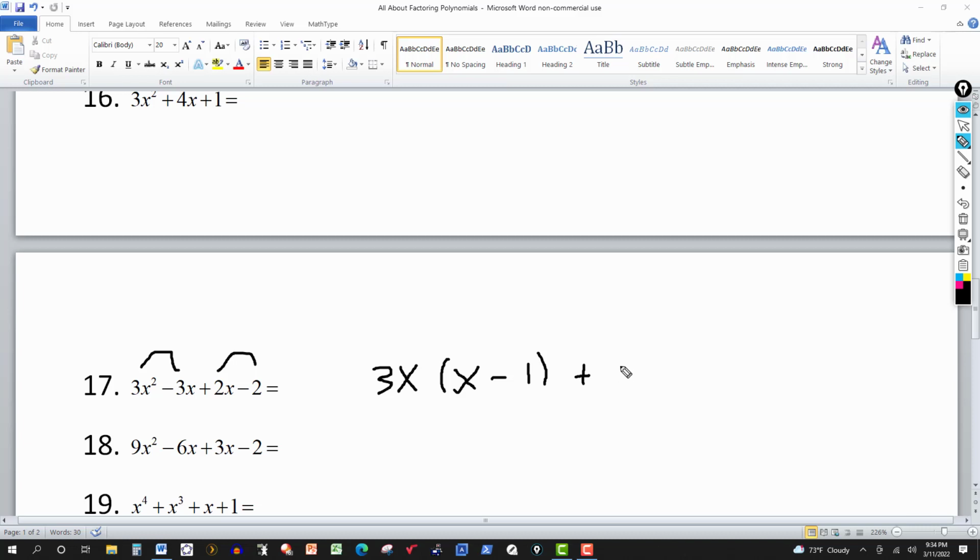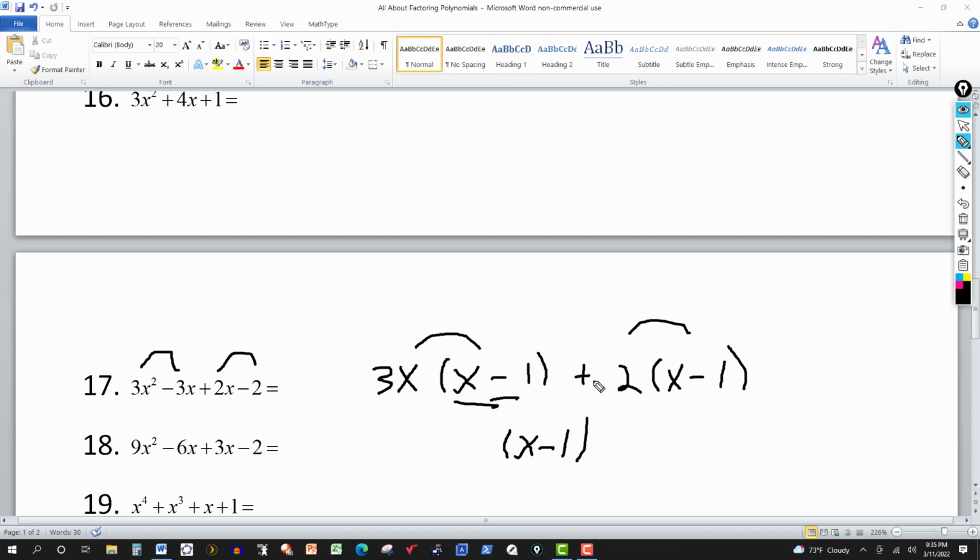You can see that there's a 2 in common with both of those terms. So here we're using the common factor method. Factor out a 2 from the second one, so this should be a minus 1. Now look at this first one like a term, and this is a term. What do they have in common? x minus 1. So take out the x minus 1. We're using the common factor method twice here.